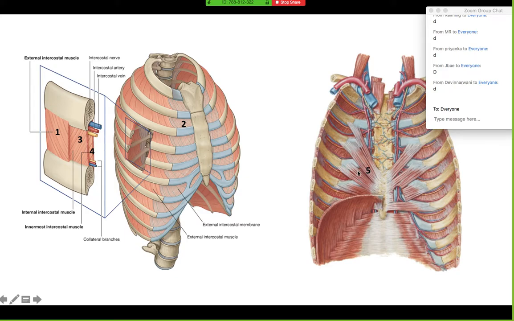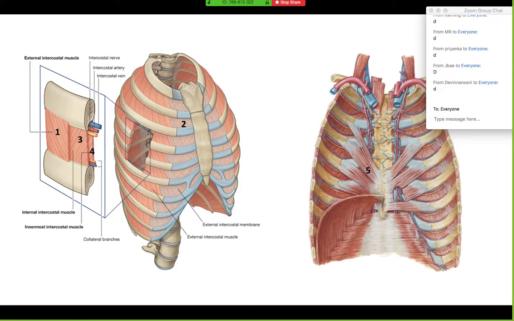And then the last important thing to know about that chart is going to be the function of each of these muscles. I get a lot of people asking me, how in the world do you remember all this stuff? Usually it's by learning one thing and then remembering that everything else must be the opposite.